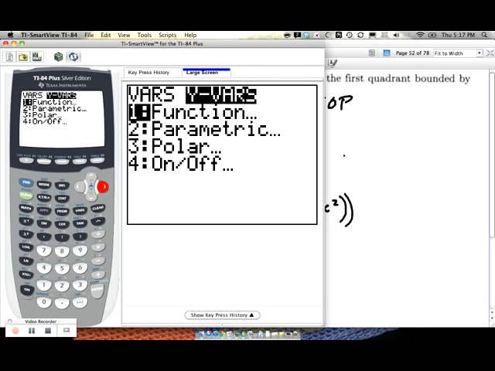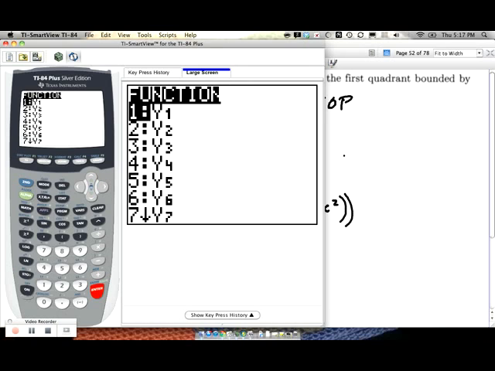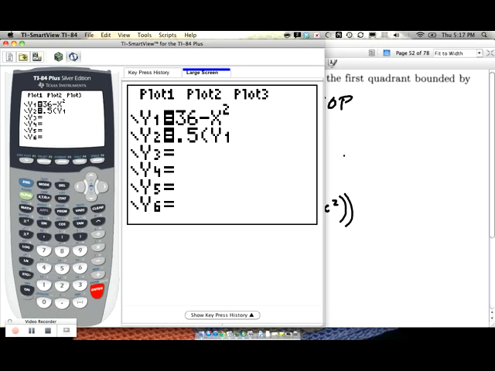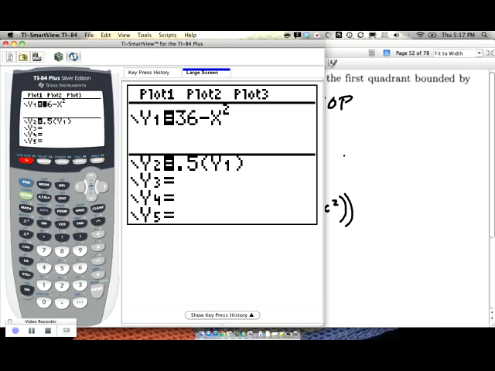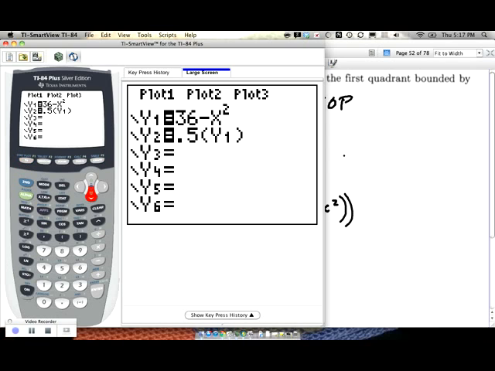I'm going to go to vars, y-vars, then function, and I want just the first function, y1. That way I don't have to retype it. Let's see what would happen, and lo and behold, it's lower, it has the same x-intercept, but it goes there. Just to show you that it's still going to have similar properties no matter what a is, as long as it's between 0 and 1. Let's say it's 0.3.